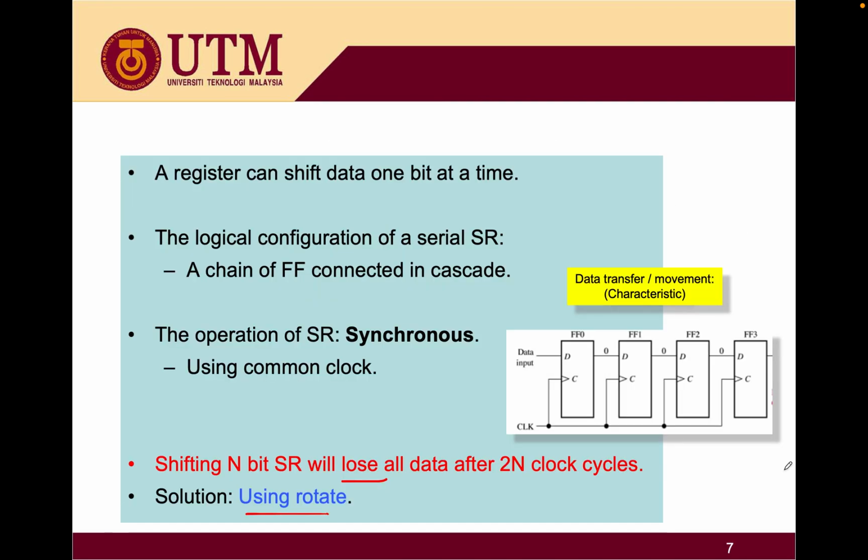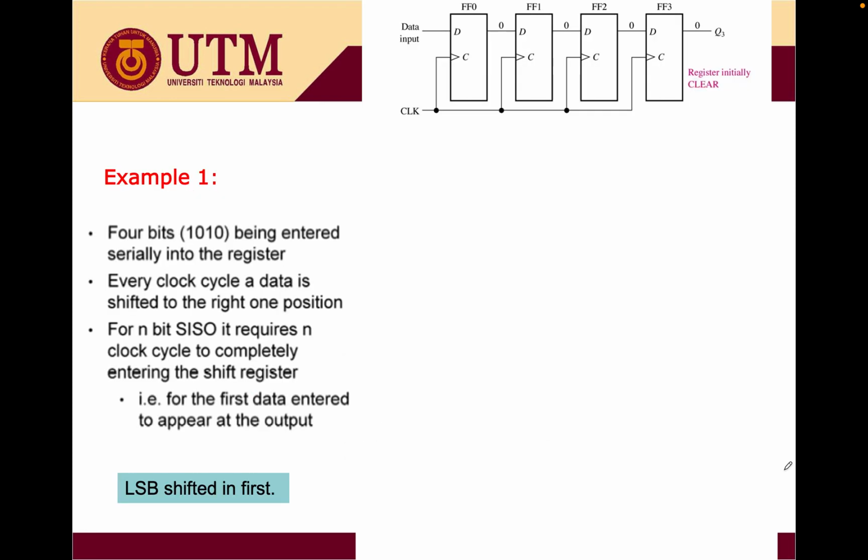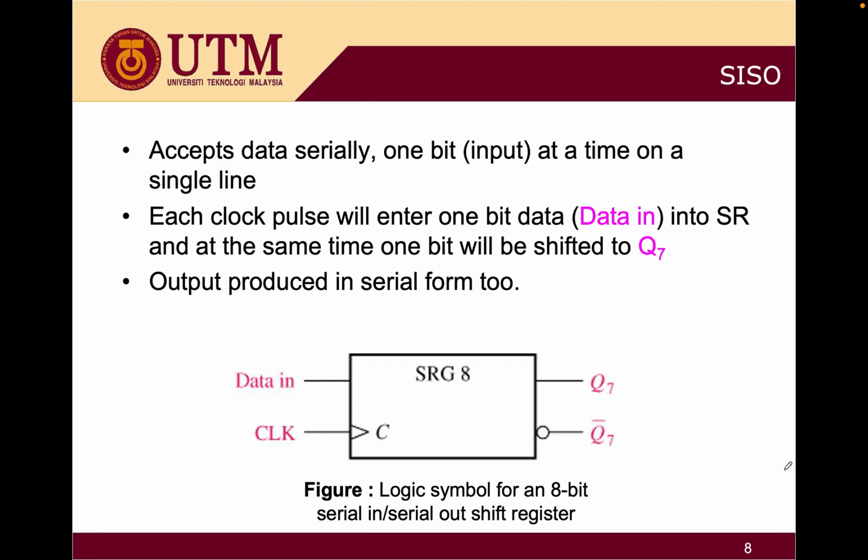Let's take a look one by one, at SISO first, which is serial in, serial out. What is the function of SISO? SISO accepts data serially, one bit input at one time on a single line.